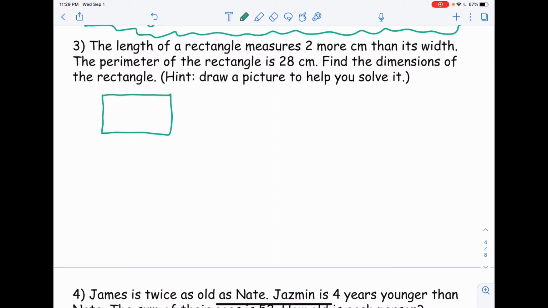Okay, and W stands for the width of the rectangle. Again, in centimeters.